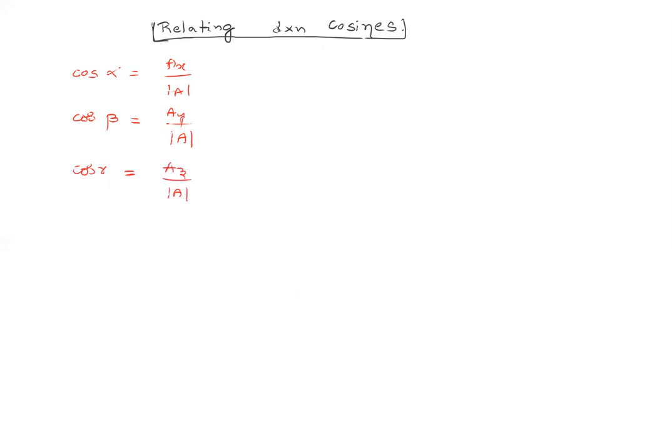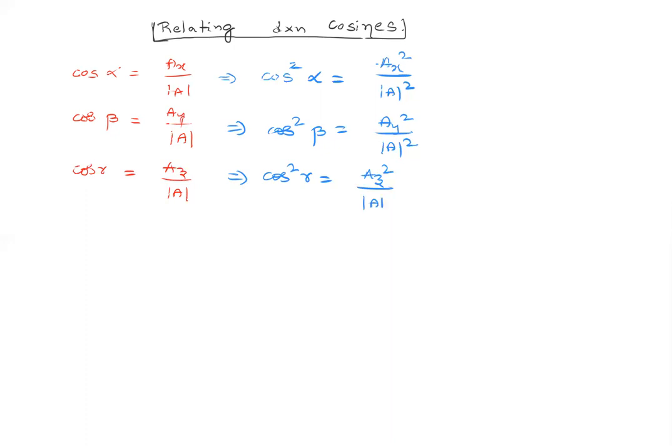Now if you do cos square alpha, that will give you ax square by mod a square. Cos square beta will give you ay square by mod a square. Cos square gamma will give you az square by mod a square.